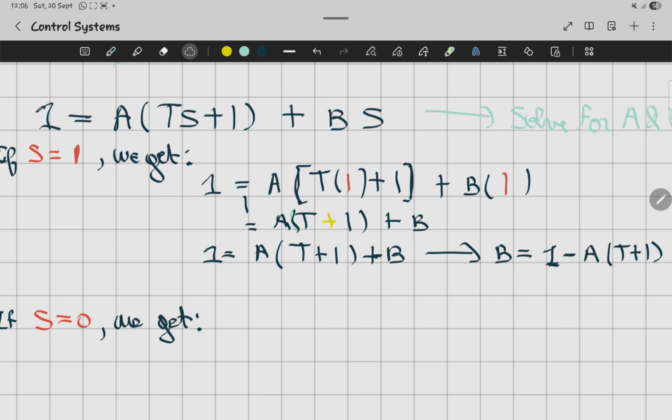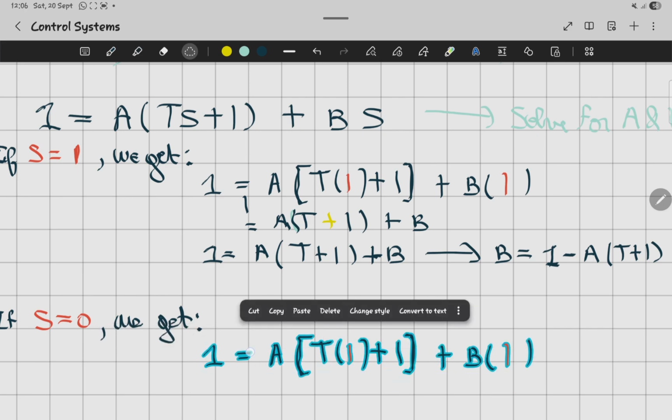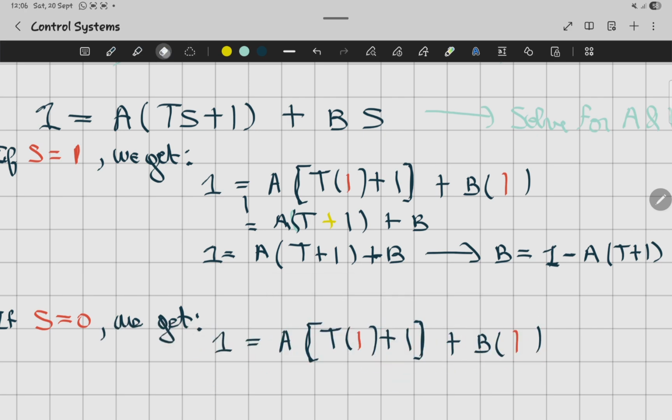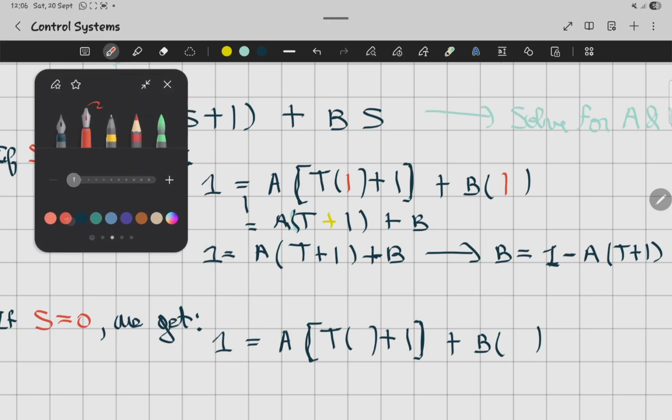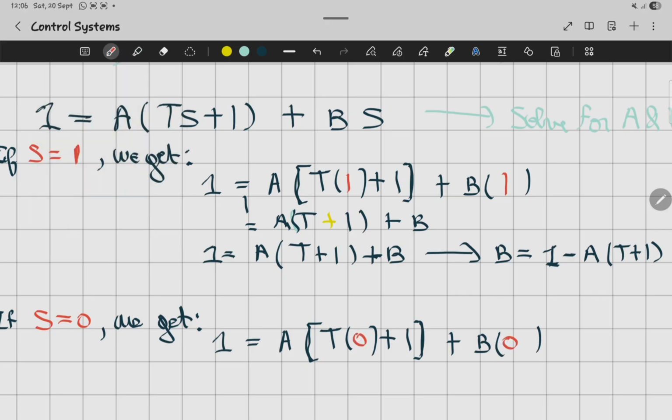So this is what we have, and instead of 1 we're going to have a 0. Okay, if we have 0, you can actually see that this one is going to cancel out, and this one is going to cancel out, so we're going to have a times 1, so it's gonna be 0 plus 1.